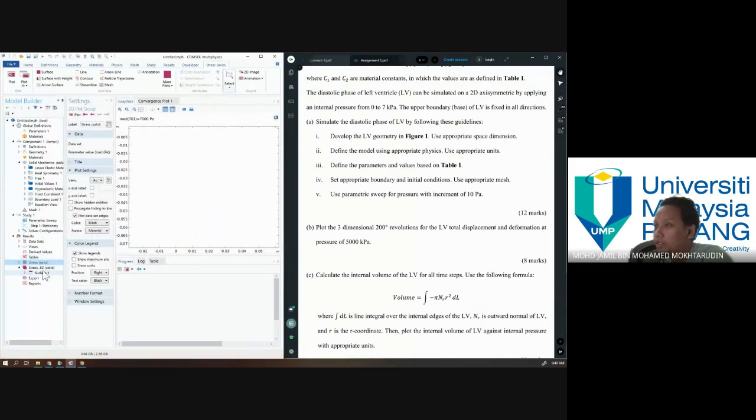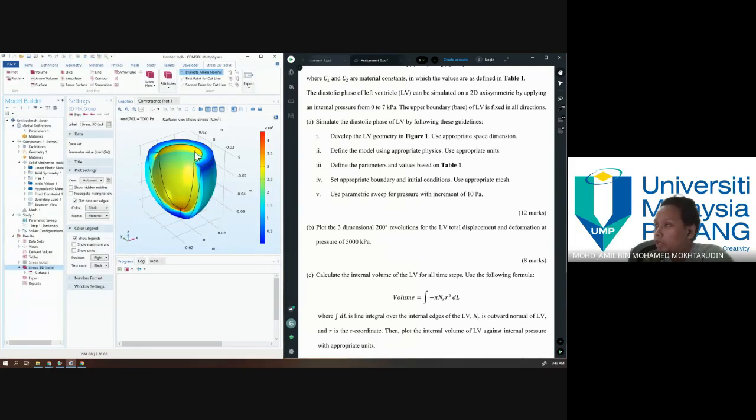So here, the question wants you to plot the 3D plot. Even though the question is 2D axisymmetry, we want the 3D plot. So this is the 3D plot, but the angle is not 200 degree. So we can change here.